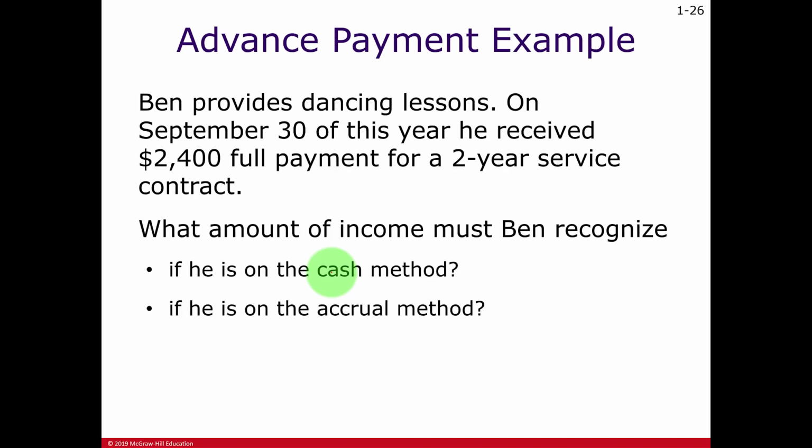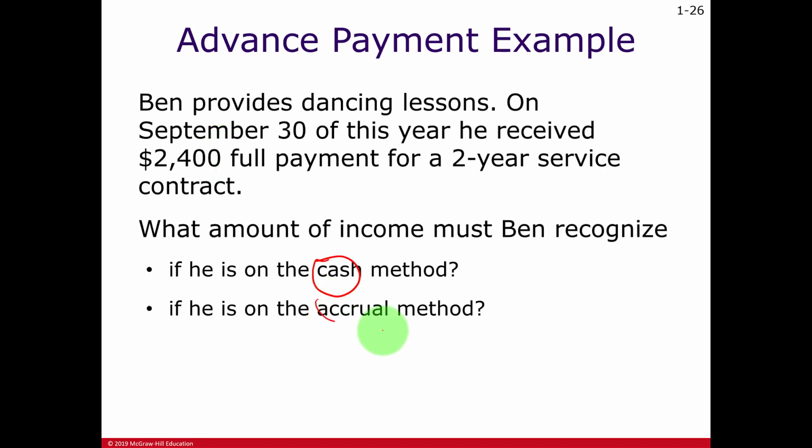So let's look at an example. Ben again, here he is giving dancing lessons, and on September 30th, just 3 months away from the end of the year, he collects $2,400 for 2 years worth of services. Again, 3 months this year and the rest next year and the following year. So if he's under the cash method, we know already he got the money, so you have to report all of this right now.